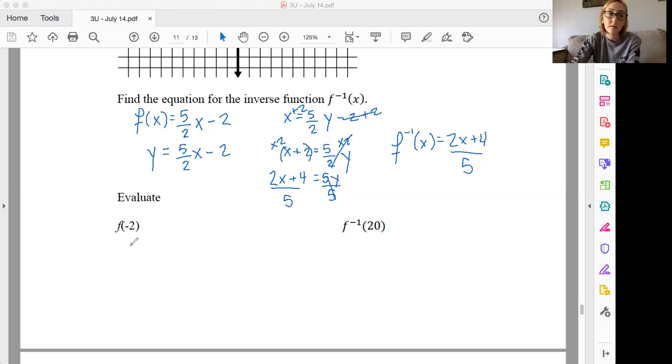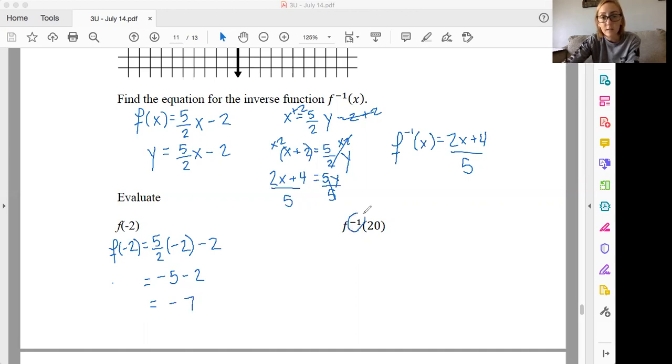Now they want you to evaluate. When it has just the f, you're going to replace your x by -2 in that original function. So f of -2 is 5 over 2, where there's an x you're going to replace it with a -2. That is going to give us -5 minus 2, which is -7.